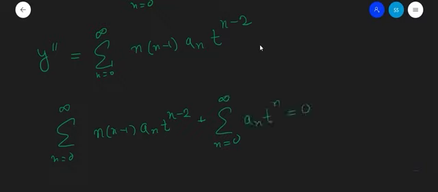Now you can see that if you start from n equals 0, these terms will yield t to the power negative something. If you put n equals 0, it will give you t to the power minus 2. If you take n equals 1, it will give you t to the power minus 1, and so on. But if you start from n equals 2, you can see that it starts with t to the power 0, then t to the power 1, and so on.